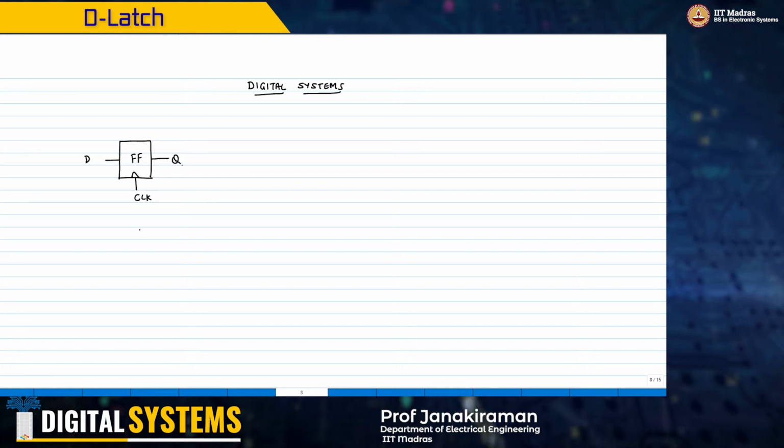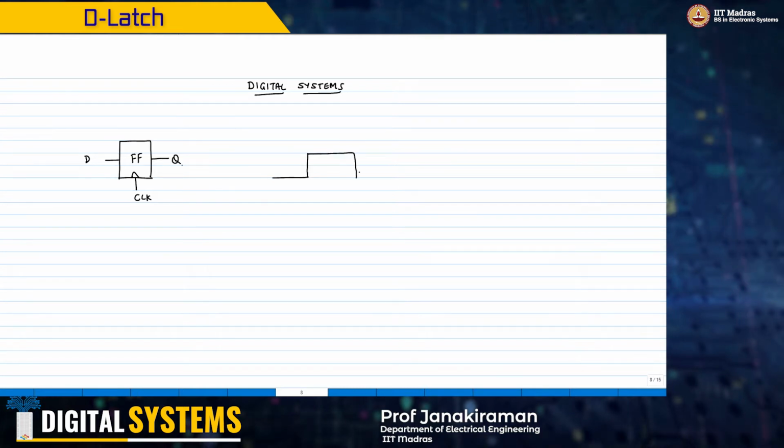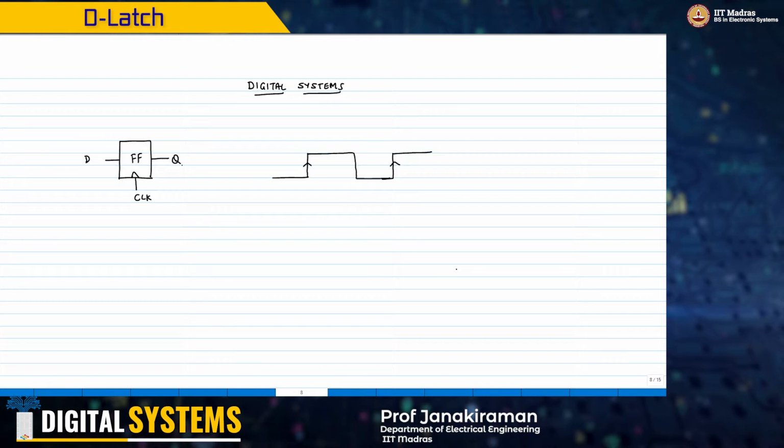The idea is very simple. Remember, the behavior that we wanted was on the rising edge of the clock, this is the rising edge of the clock, we wanted the data to go through, to be sampled and then held for the remaining period, right?